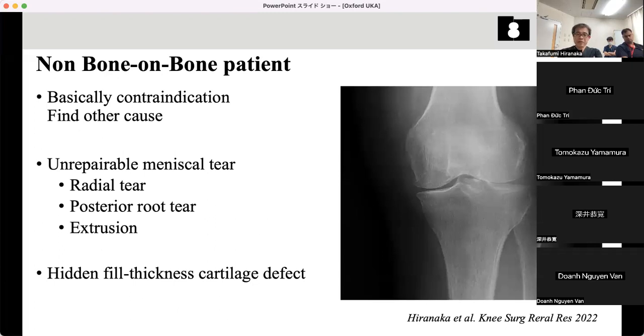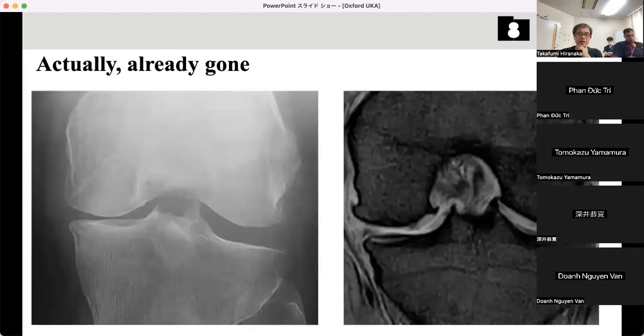And sometimes hidden full thickness cartilage loss can be found using MRI or arthroscopy. So it is quite difficult to identify a very local cartilage defect. Actually, this is an example of one patient in this weight-bearing X-ray.